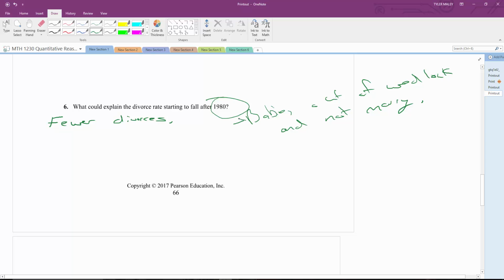So maybe individuals more likely to divorce simply chose not to get married, which means they can't get divorced. So maybe we had a better pool of people that were more willing to stay together getting married, right? That's what I was trying to explain there.